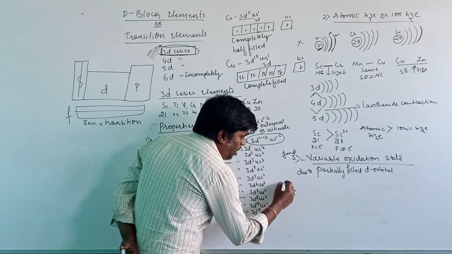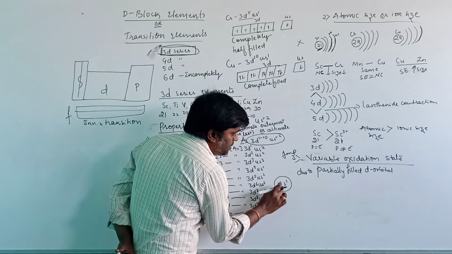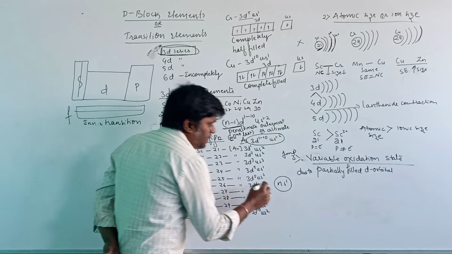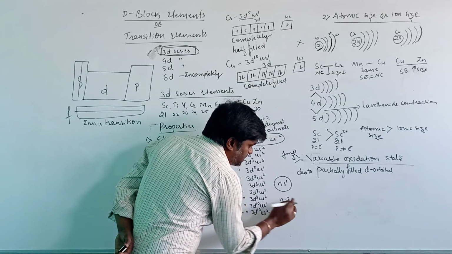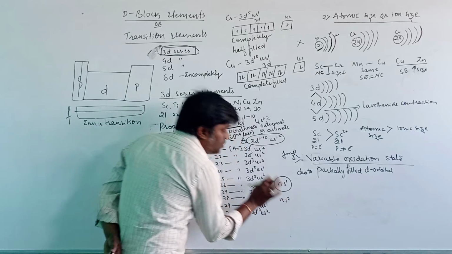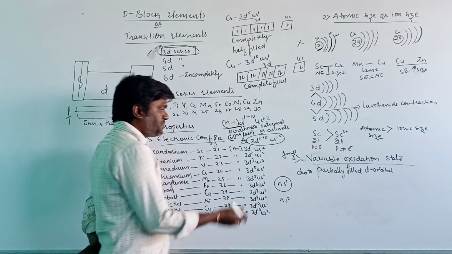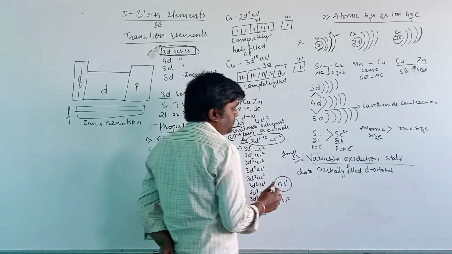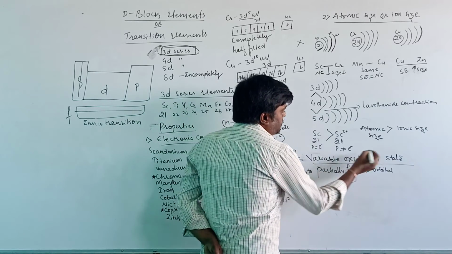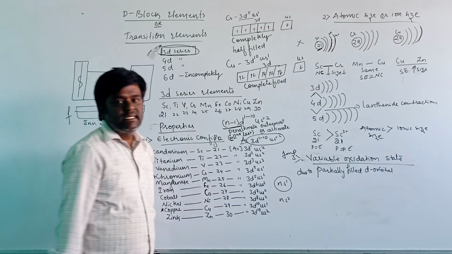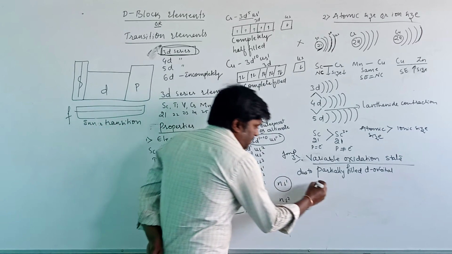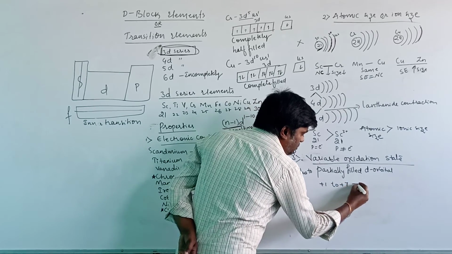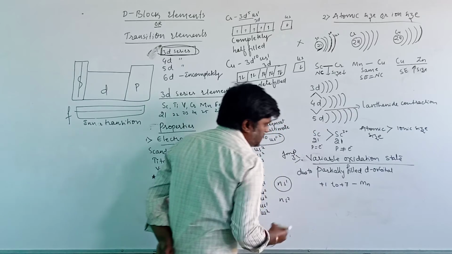Alkali metals all have the same electronic configuration in the outermost orbit, with only one electron present. In the alkaline earth metals, the outermost orbit contains 2 electrons. But here, the d orbitals are partially filled. Therefore, variable oxidation states can be seen in the 3d series elements. +1 to +7 is the maximum range of oxidation states, shown by manganese.